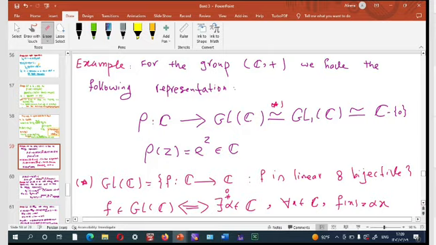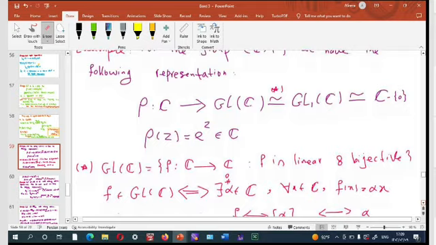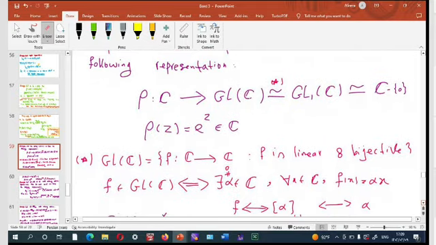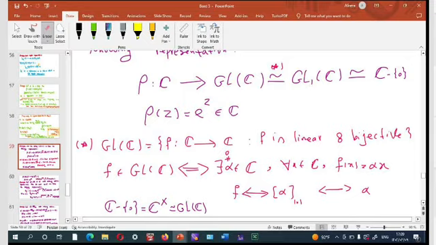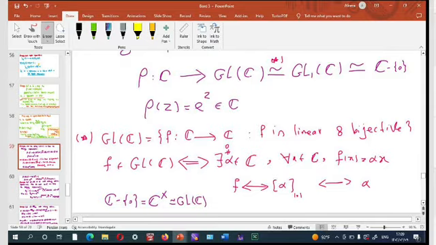We know this fact. Okay, so we have this one-to-one correspondence between F and this matrix or alpha. So we have this identification.